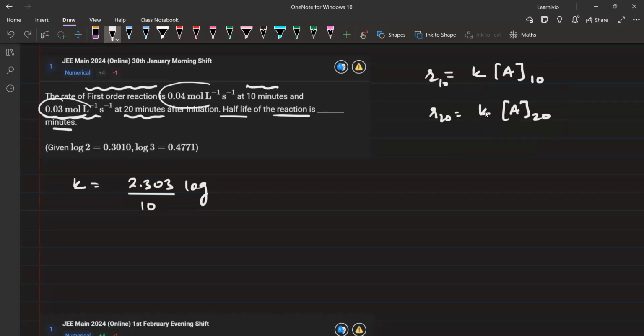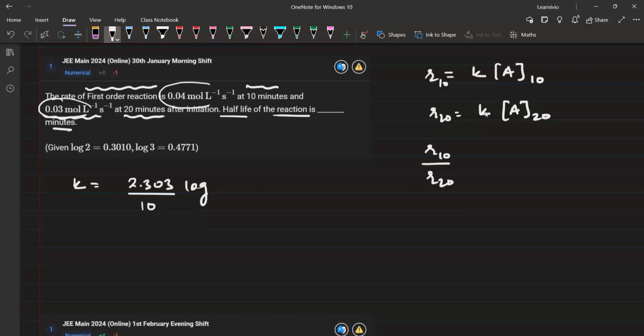We need A naught at 10 divided by A naught at 20, initial, final. So this I can write as what? If I divide both of these things, A naught by 10 will be equal to, let me write it like this, wait a second. I'm getting confused right now.